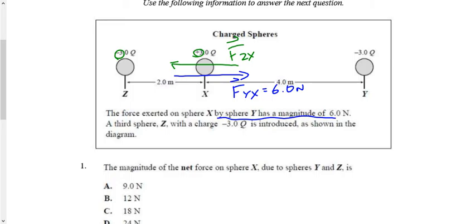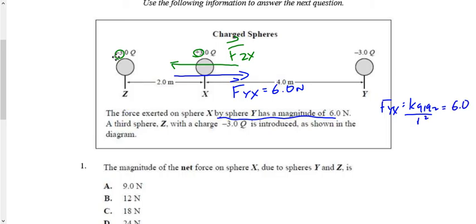Anybody think of another way? This actually is kind of like one of the ways that I was going to do, but mine's a little bit more structured. The way that I actually did it was variable value changing. I said the value of Fyx is kq1q2 over r squared, and I said that's equal to 6.0 newtons.